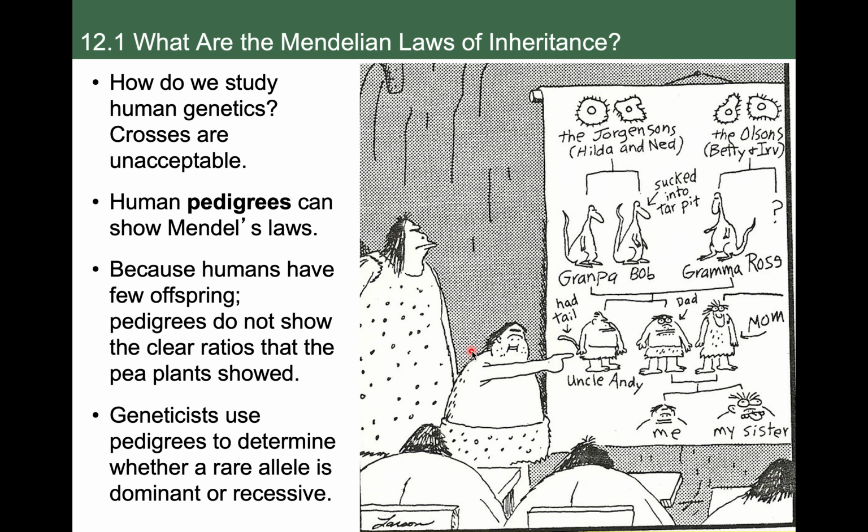And of course, the laws of inheritance are the same in humans as they would be in pea plants or in mice or really any other organism that sexually reproduces.